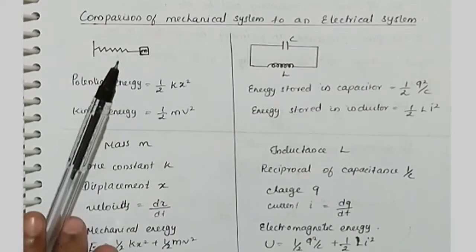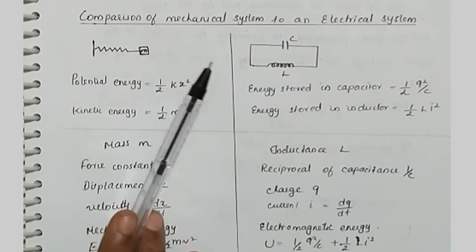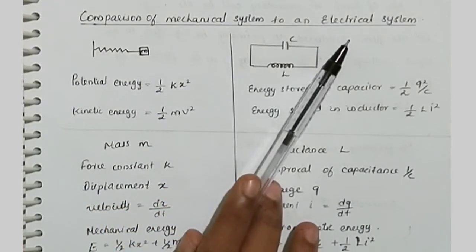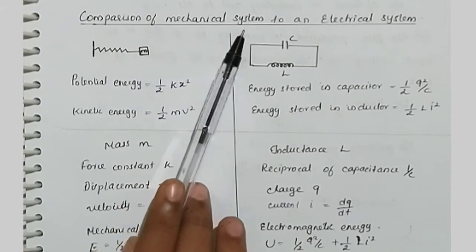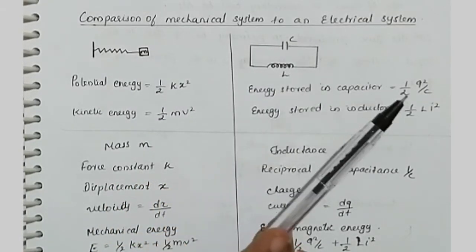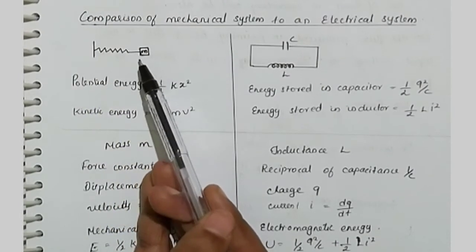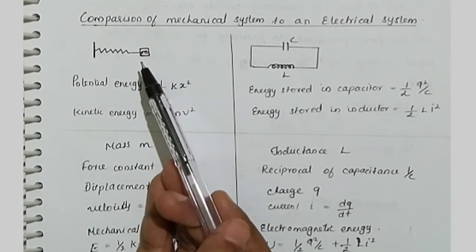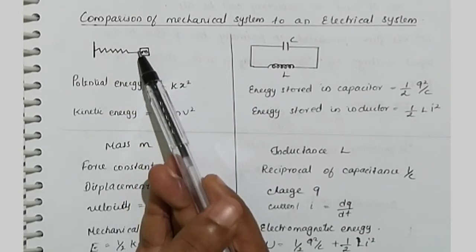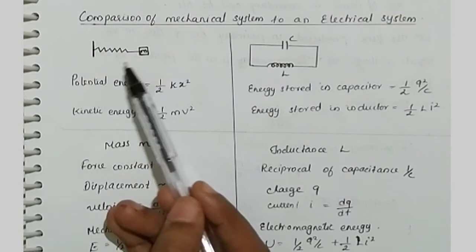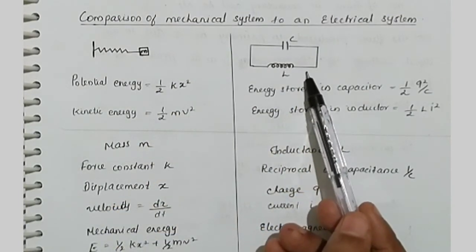Now, if we analyze the LC circuit, we can have a comparison of a mechanical system to our LC circuit, which is an electrical system. The mechanical system that we consider is a spring with a spring constant k attached to a body of mass m, whereas our LC circuit is the electrical system.